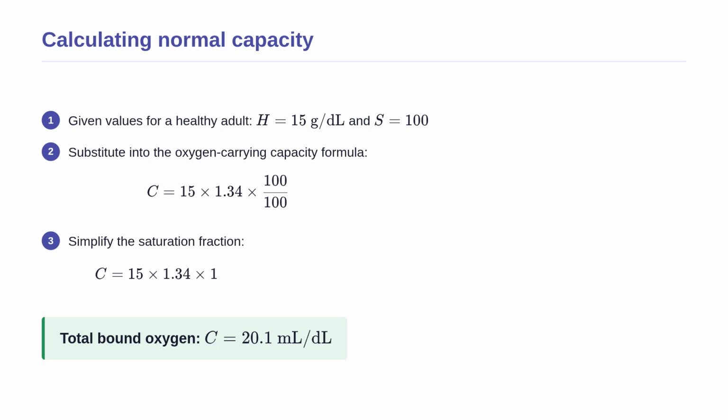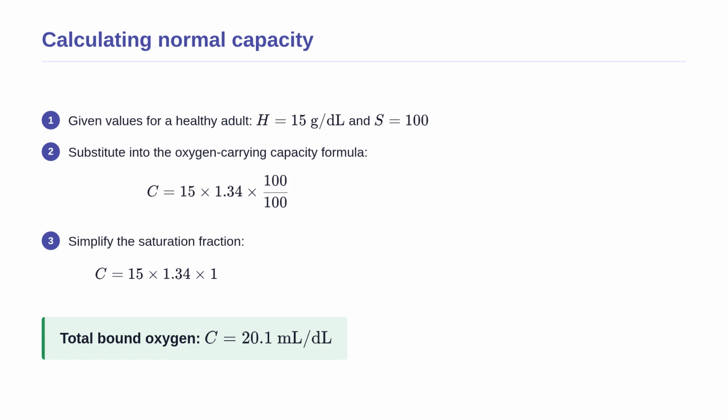Now that we have our formula, let us see it in action with a healthy adult male. We are given a normal hemoglobin concentration of 15 grams per deciliter and an oxygen saturation of 100%. We want to find the total bound oxygen. We start by plugging our given values into the formula.